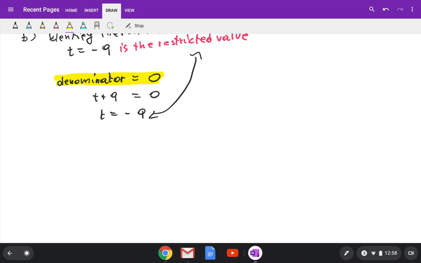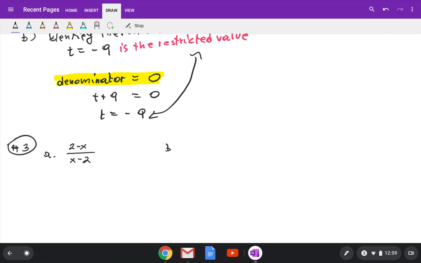Number 3. Let's see number 3. Which of the rational expressions are equal? So you have 3a, you have 2 minus x over x minus 2.